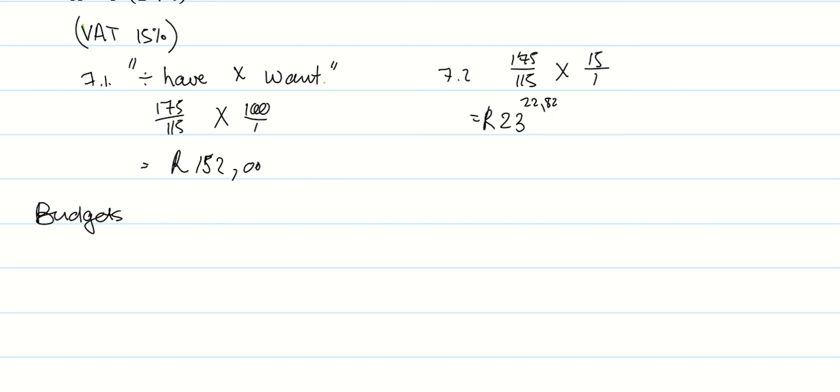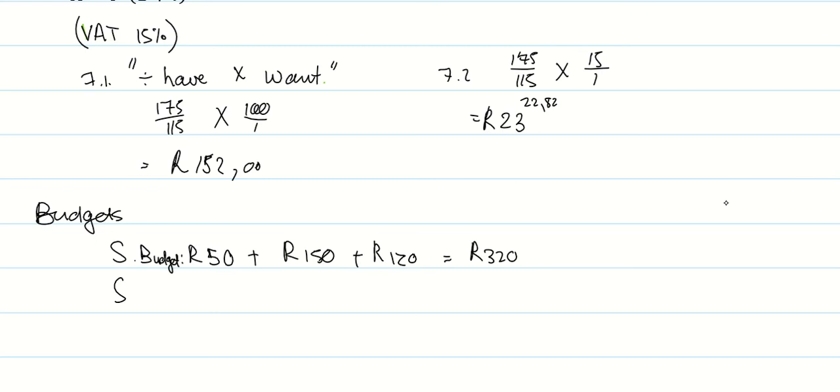So what was Sophia's budget? Our budget was 50 Rand plus 150 plus 120 is equal to 320. So 320 was Sophia's budget.